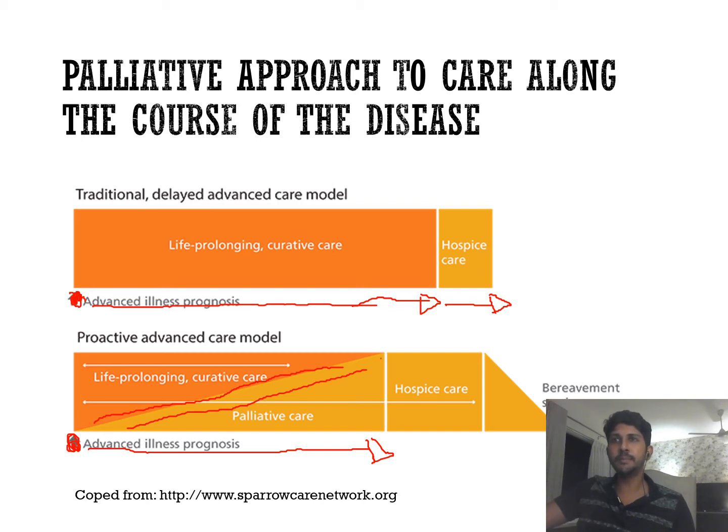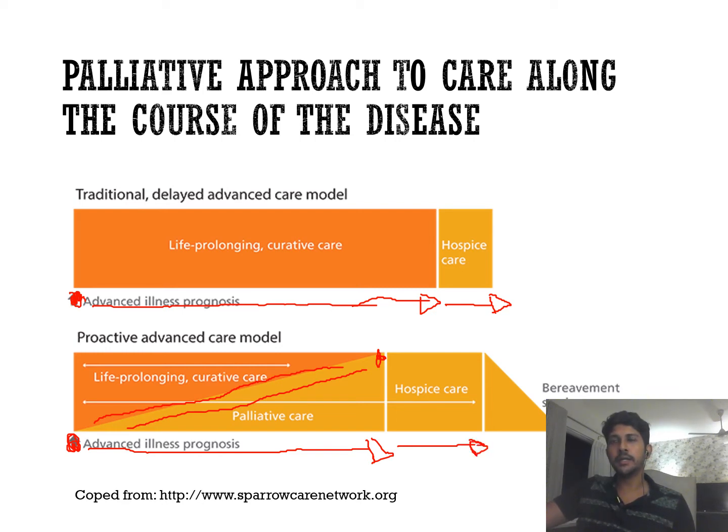And at this point, you have stopped giving all kinds of curative and life-prolonging treatment, but you only give treatment to alleviate symptoms and improve quality of life of the patients through the palliative approach. And then maybe the patient could be transferred to hospice care or home care.